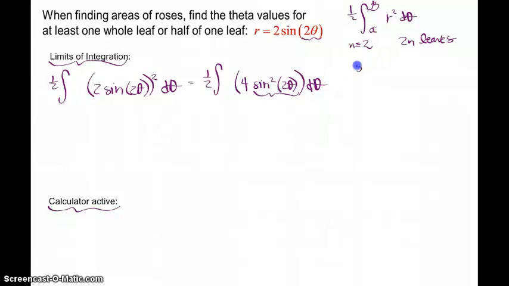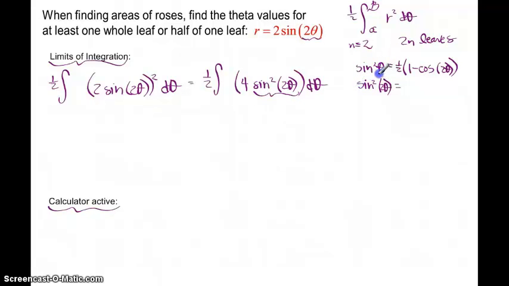Now, we have a trig substitution that says the sine squared of theta is 1/2 times the quantity of 1 minus cosine of 2 theta. For us, in this example, we have the sine squared of 2 theta.